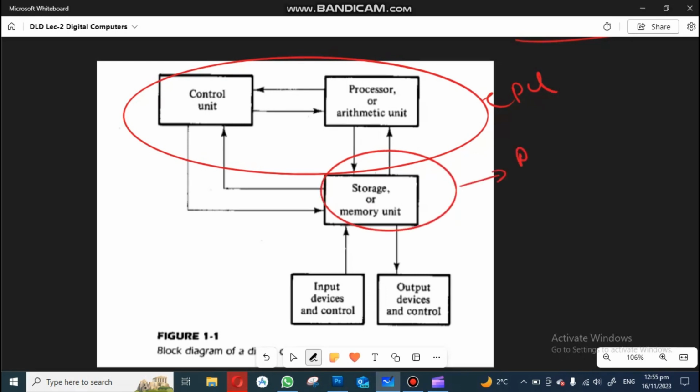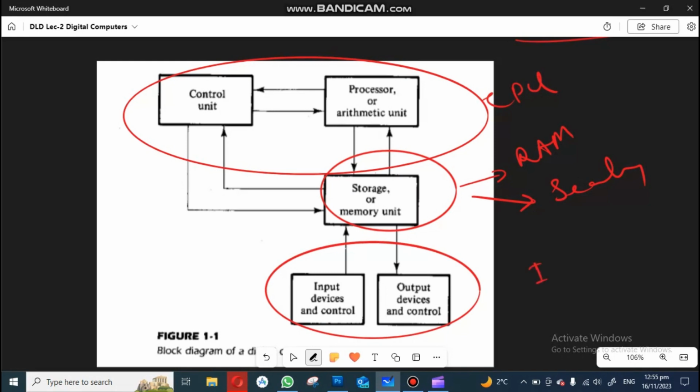They contain our RAM and our secondary memory, and then we have some peripheral devices which are input devices and output devices. All the mouses and other things come in this category. Our RAM, our ROM, and other secondary storage devices like hard disks and SSDs come in the memory category. And then we have our processor. So this is a generic structure of a computer.